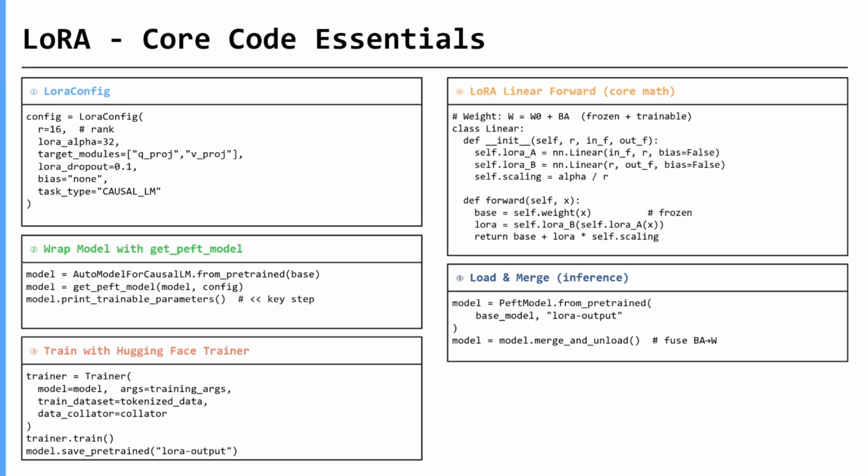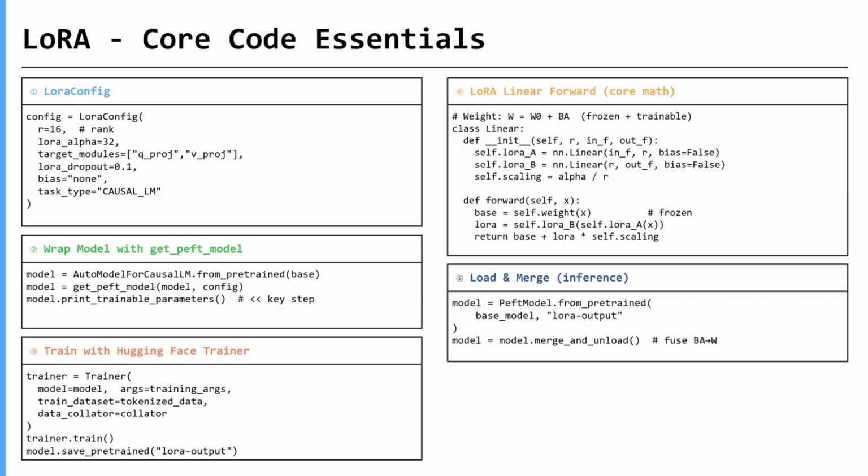Here we are targeting the query and value projections, Q and V, inside the attention layer. We also set a small dropout of 0.1 for regularization, no bias training, and specify the task type as causal language modeling.